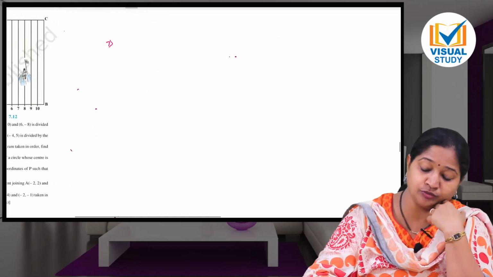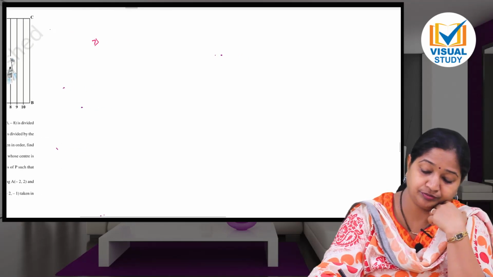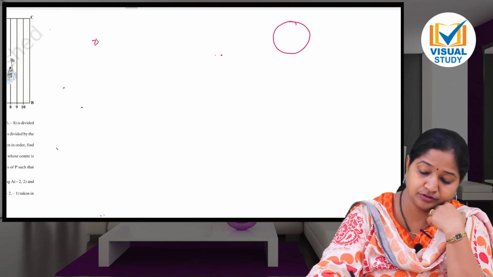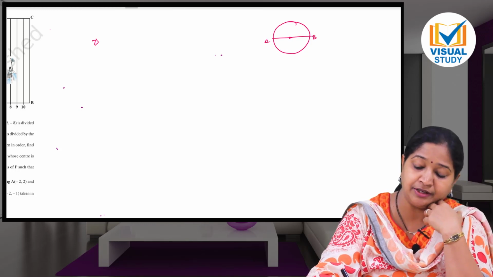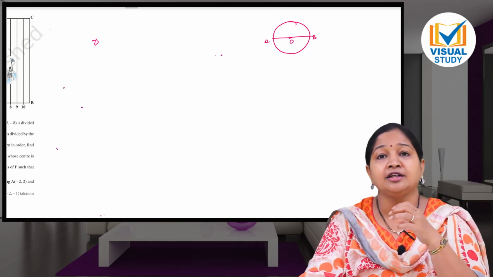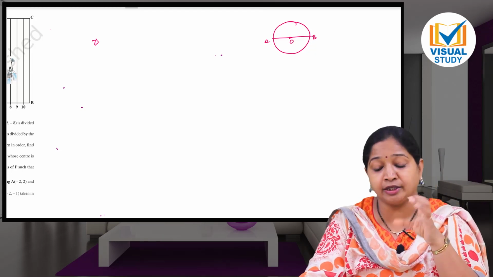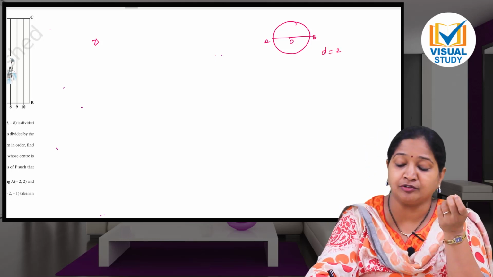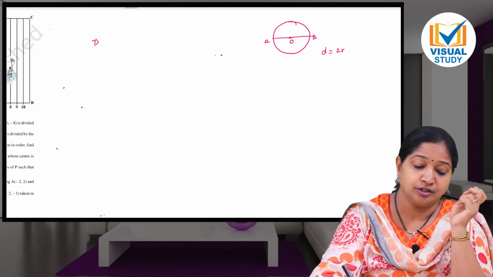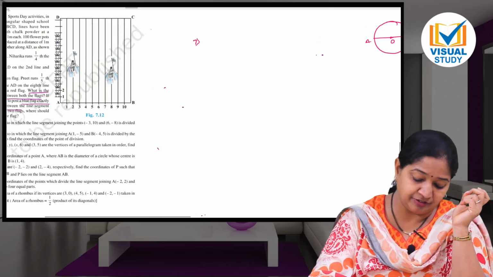First of all, we'll draw a circle here. Now, if AB is a diameter and O is the center of the circle, we know that both radii, AO and OB, are equal, because diameter is equal to 2 times the radius.